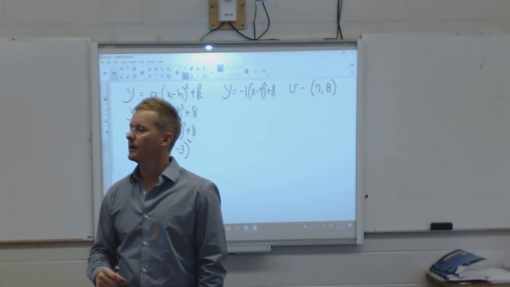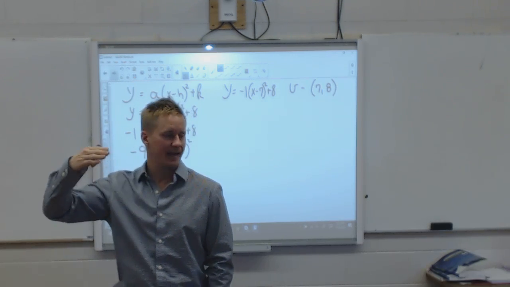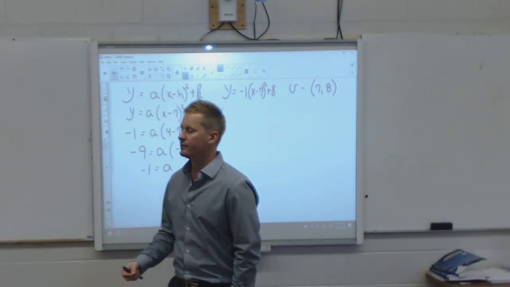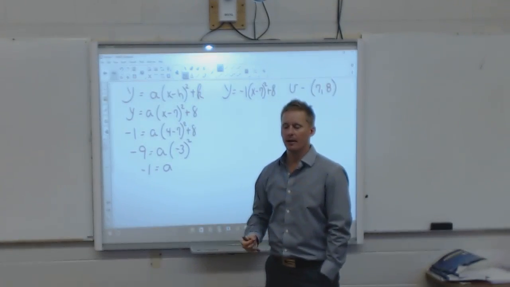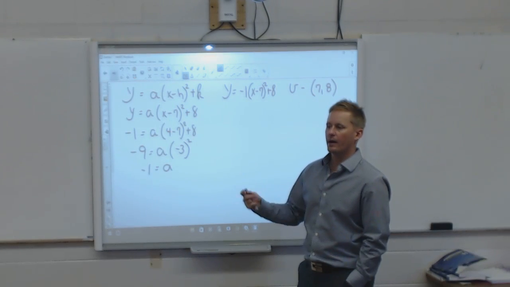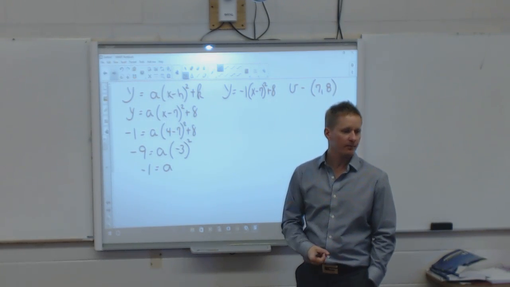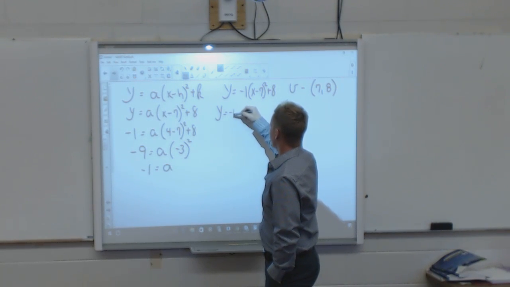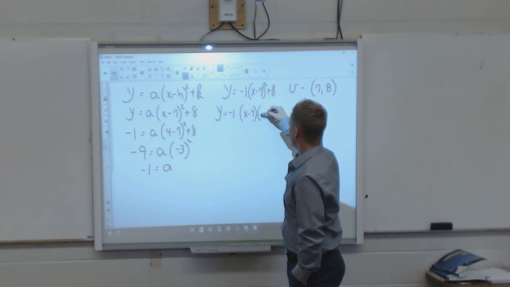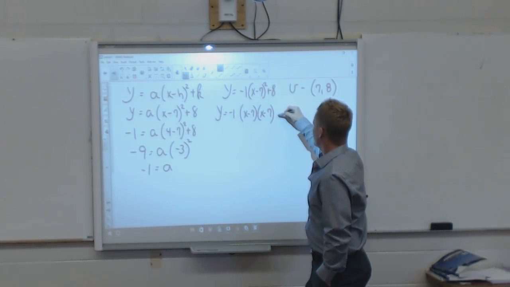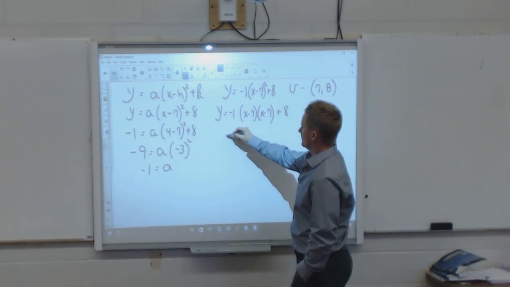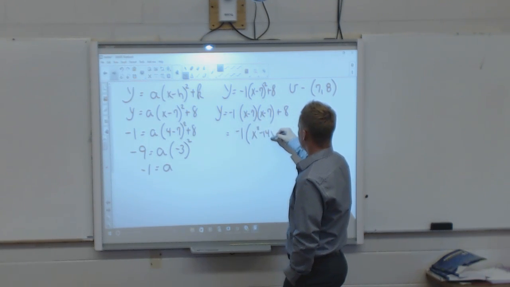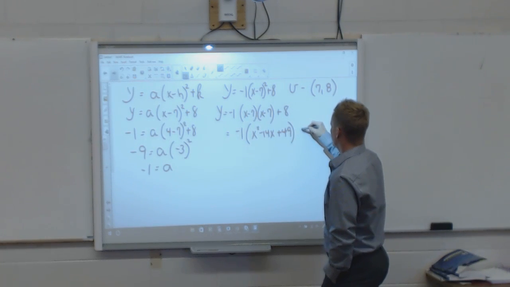Here is the one thing that they're going to, again, go one more step to, and that would be to change the form of it. Put it into y equals ax squared plus bx plus c form. So to do that, I would have to go y equals minus 1, x minus 7 times x minus 7, plus 8. Y equals negative 1, x squared minus 14x plus 49, plus 8.